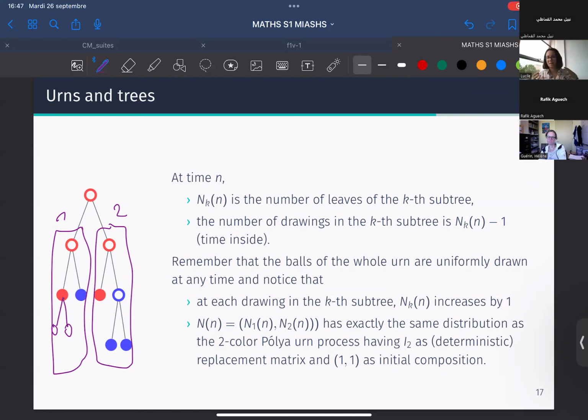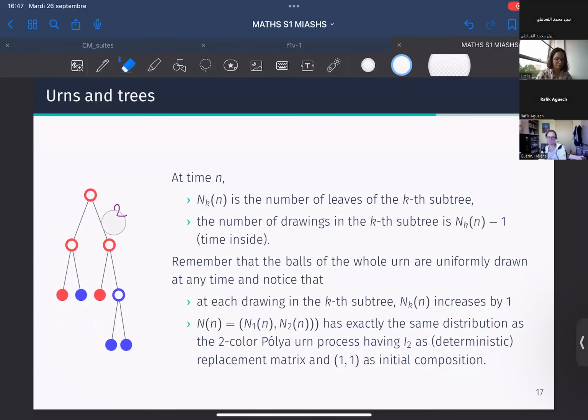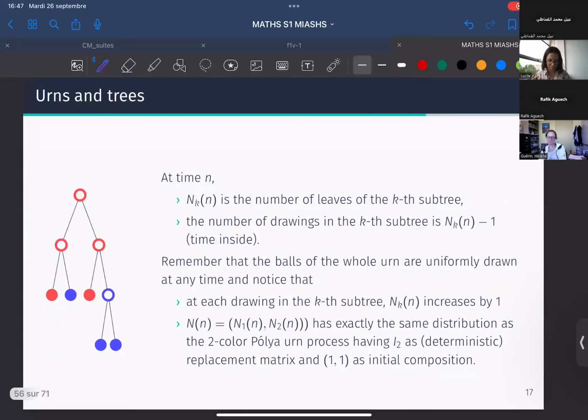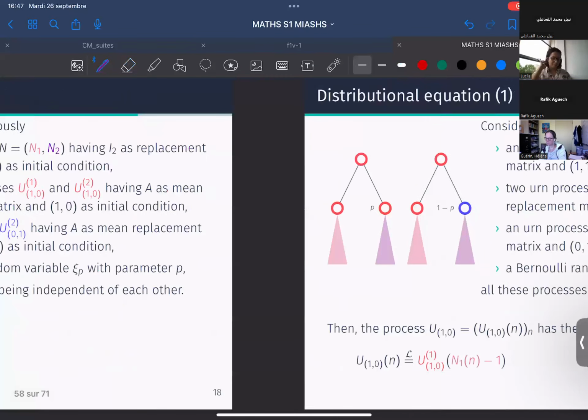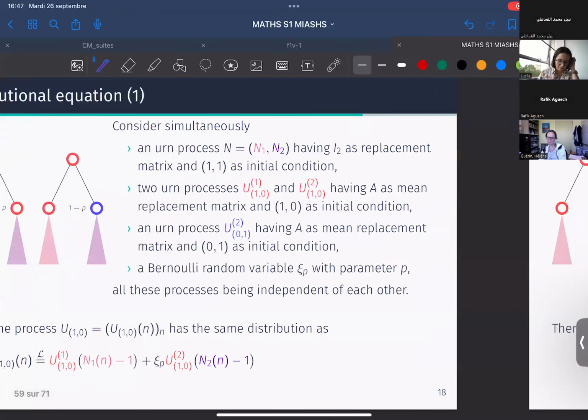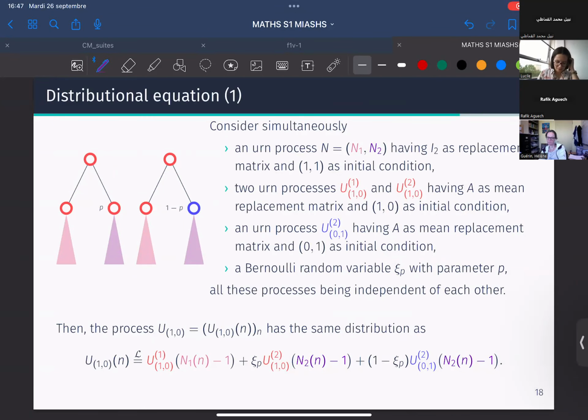So that's like adding a ball of the same color. So the idea is that we want to write the process depending on what happens at time 2, with considering the time.